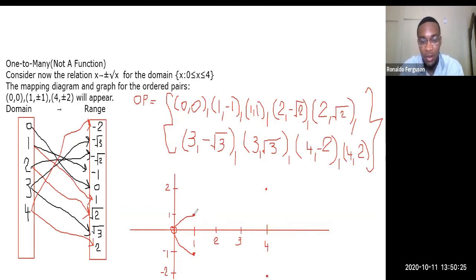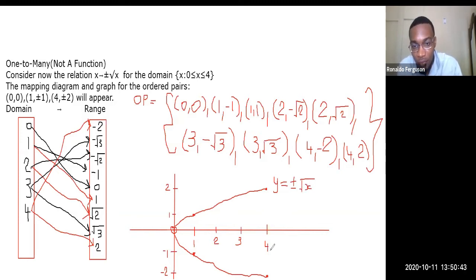So if you continue, this is the graph of y equal to plus or minus the root of x. I have to write that part, plus or minus. When x is 4, y is 2 or -2. When x is 3, y is root 3, which is 1.73, or y is -1.73.